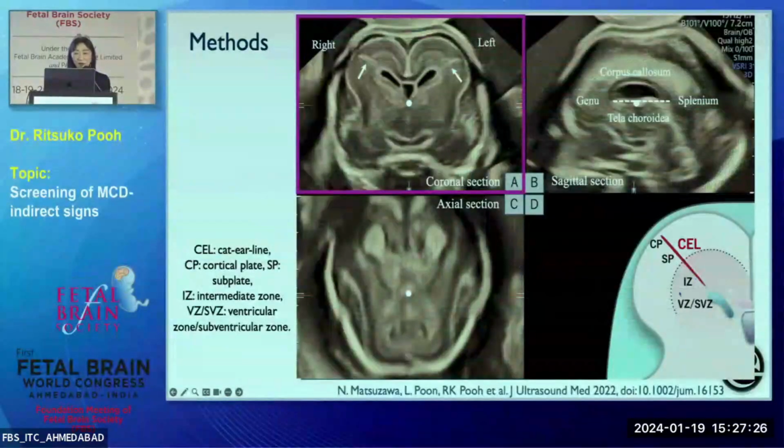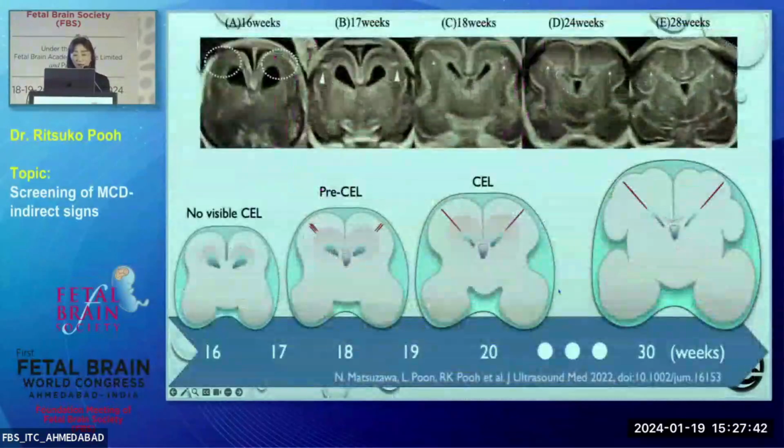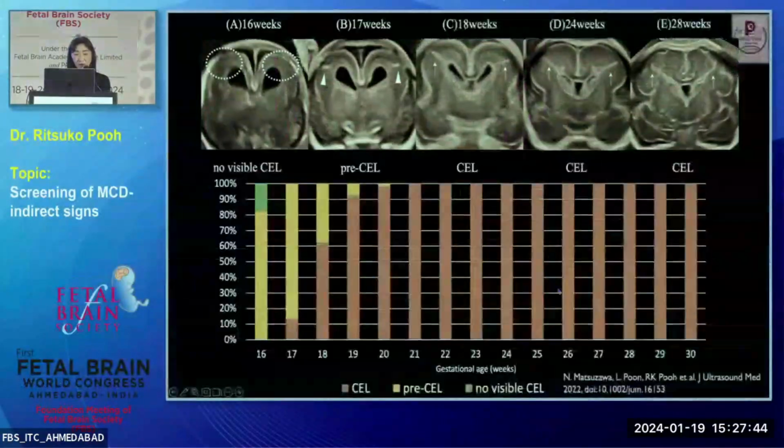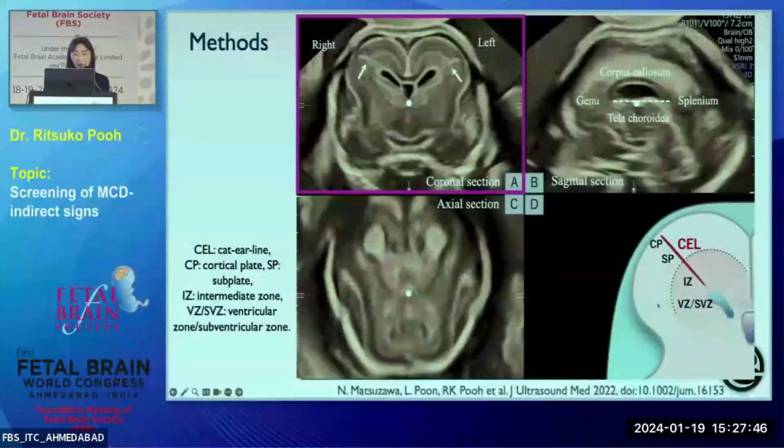So we did research on the cat ear line, and the basic coronal plane on the orthogonal view was determined for the CEL evaluation, exactly the same as for the Sylvian fissure angle.